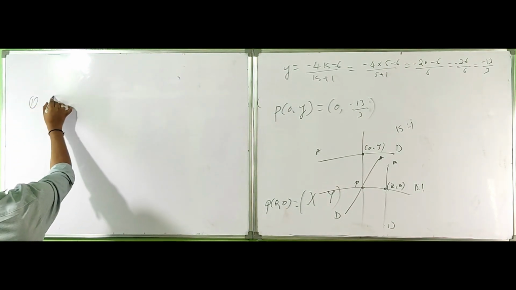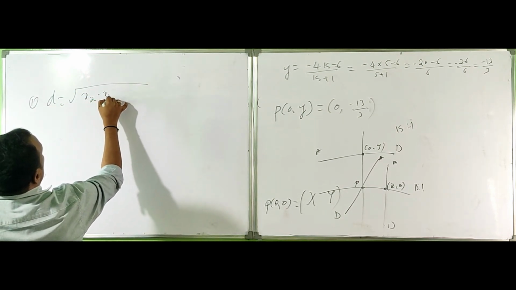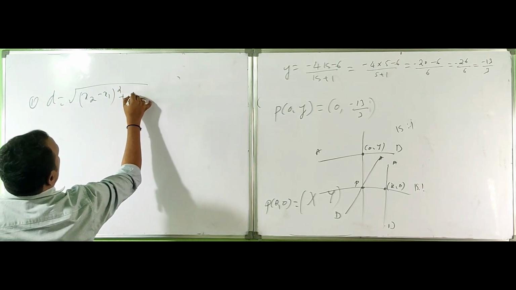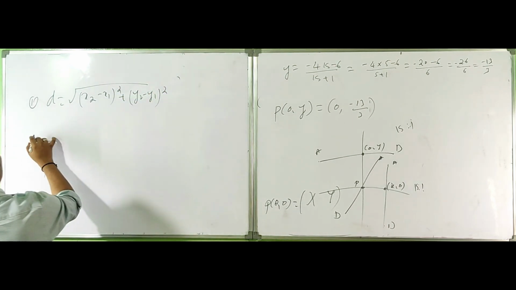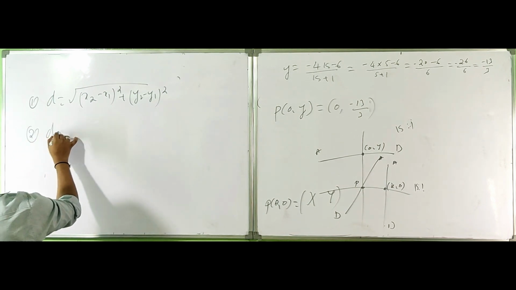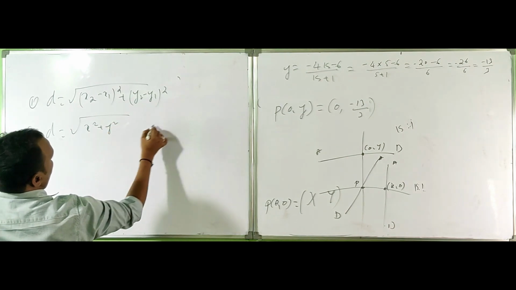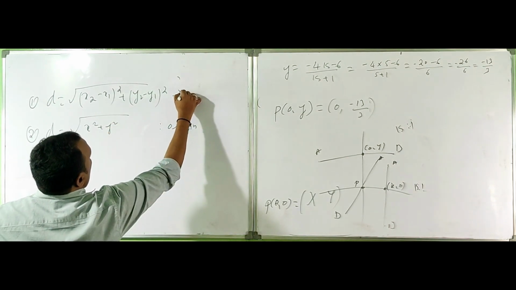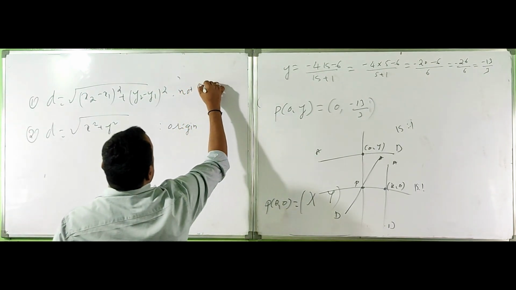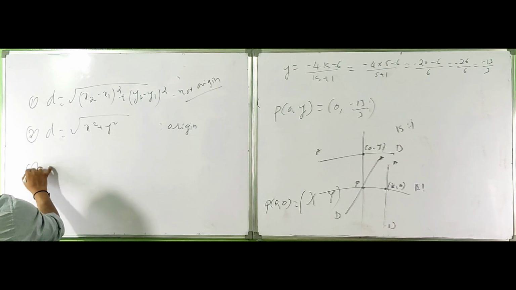One is D is equal to the square root of (X2 minus X1) whole square plus (Y2 minus Y1) whole square. Second is D is equal to the square root of X square plus Y square, which is from the origin. Okay, the other one is the section formula.